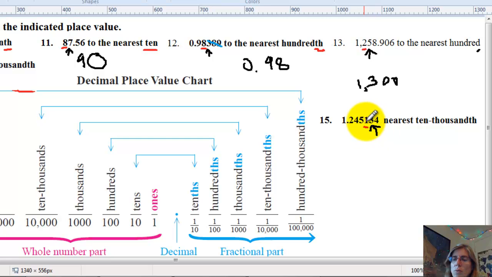So we don't change the 1, but we do get rid of the 3 and 4, making our number 1 point. Remember, we put in all the digits before that. We don't do anything with those. We're not changing the 1. We write that in, but we don't write in the last 2. Okay, so there's our answer to number 15.